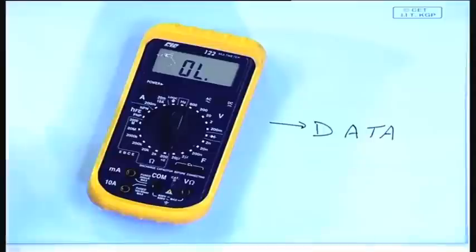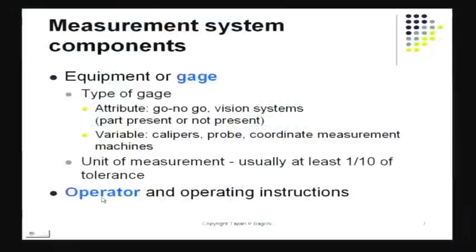But there is another component that introduces error in the data. It is the operator who is using this instrument, and that is what we call operator caused variation. So, if you look at the total data, there will be some part of the data that will be truly caused by the part-to-part variation. That is the true process variation that you are after.